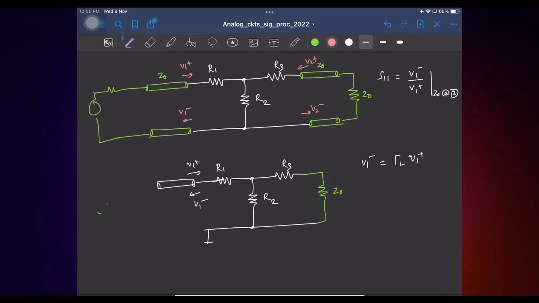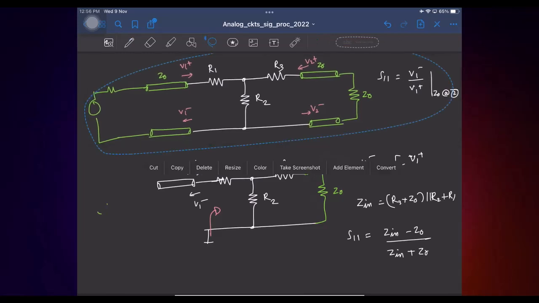It depends on the looking-in impedance, and that you guys know. Let me write it. Zin is, what is Zin? R1 plus R2 parallel R3 plus Z0. So S11 is basically Zin minus Z0 over Zin plus Z0.